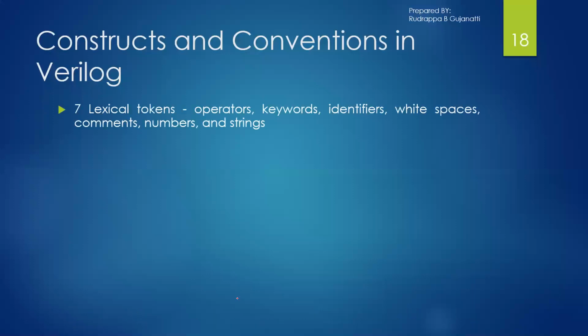In the previous slide we discussed that we have 7 lexical tokens: operators, keywords, identifiers, white spaces, comments, numbers, and strings. Is Verilog case sensitive? Yes, Verilog is case sensitive.